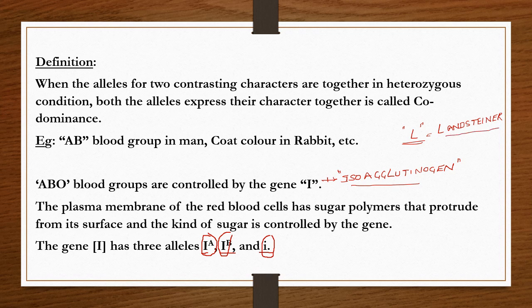To honor him, in some books this gene is represented with L or maybe I. If it is represented with I, that indicates isoagglutinogen. If it is represented with L, that is the scientist name who discovered the blood groups, Landsteiner.